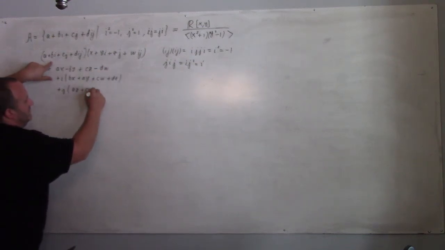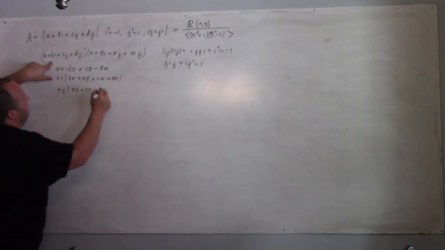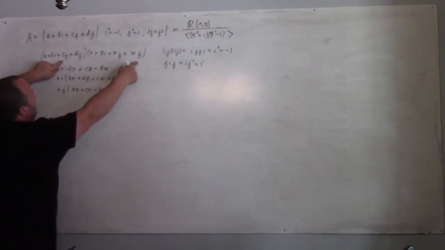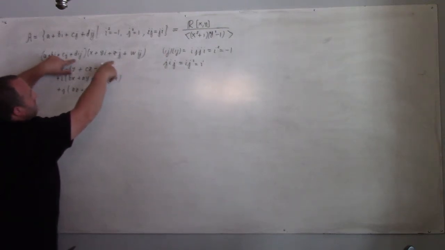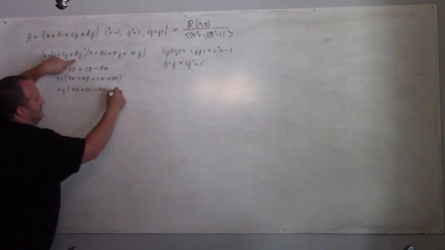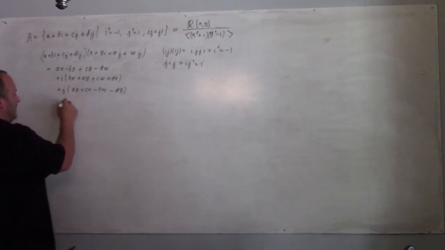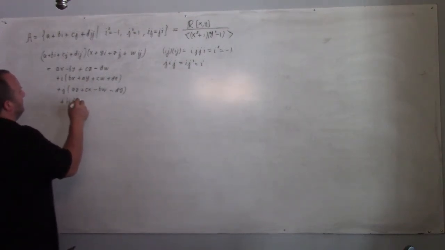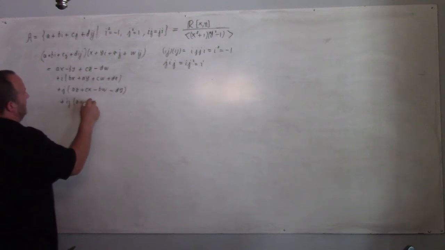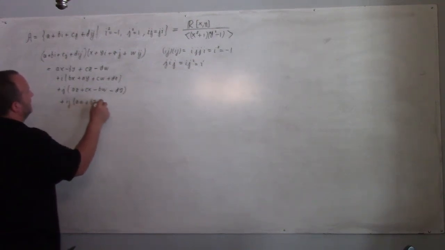Oh yeah, minus BW. CX, I already got that. No, that would give me an I. So minus BY, right? I should just pay more attention to the letters that aren't there. And then we need IJ. That should be B and Z, and then C and Y. So we get AW plus BZ, CY, DX.